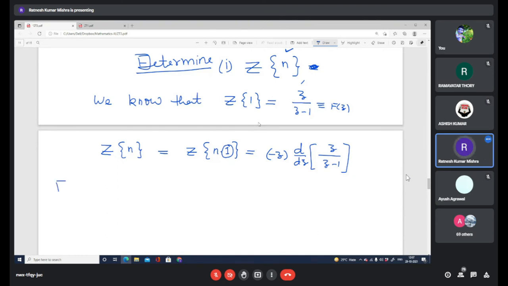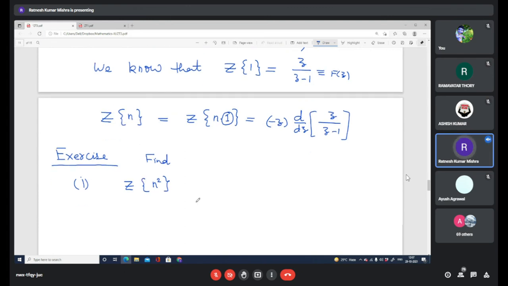Now this is exercise number 1. Find Z transform of n square. See, if you find the Z transform of Fn, that we can write n into n. So minus Z d by dz of this result. Suppose this is x, Z transform of n. So what you do, this is right, Z transform of n into n.